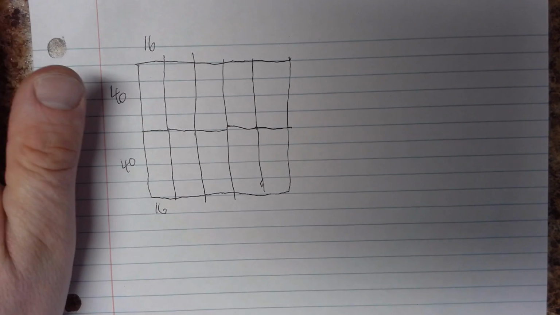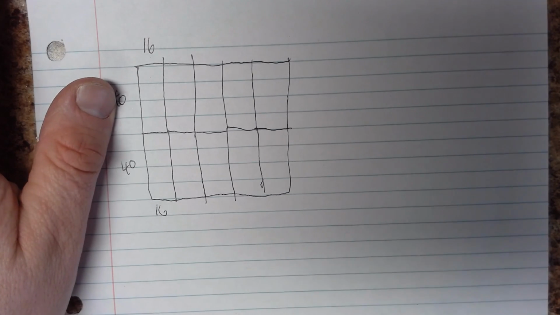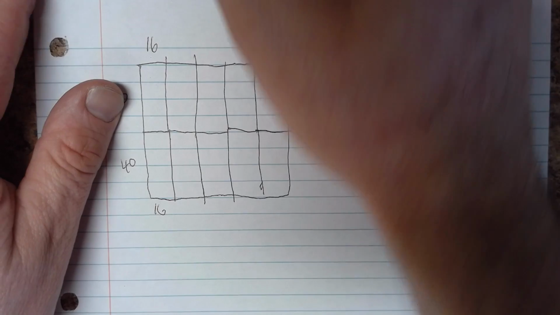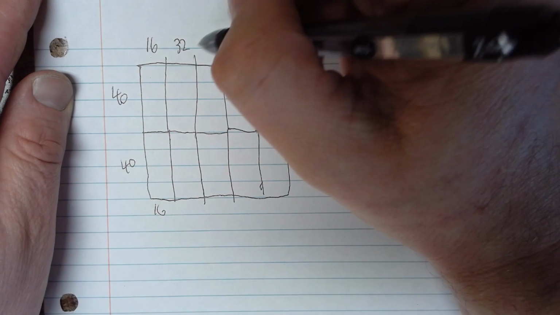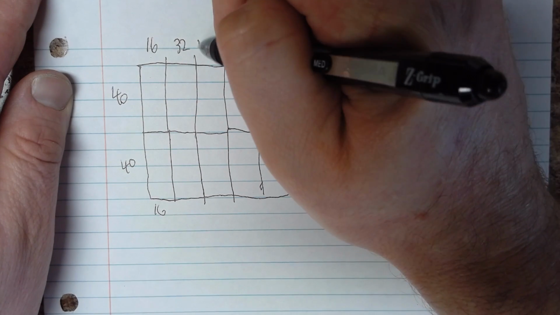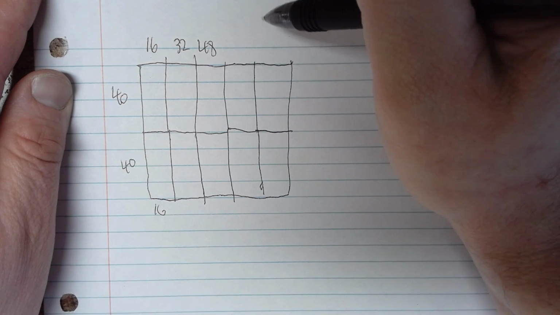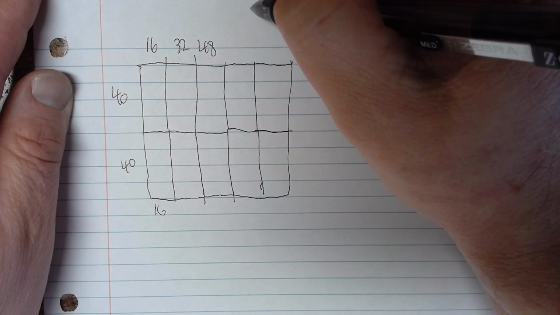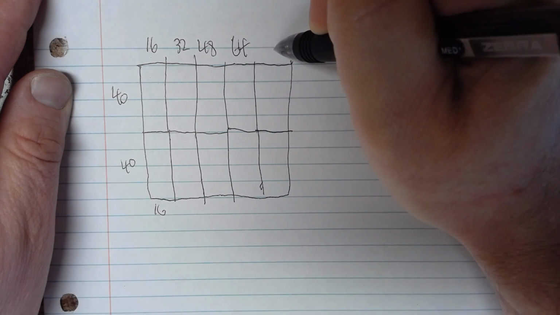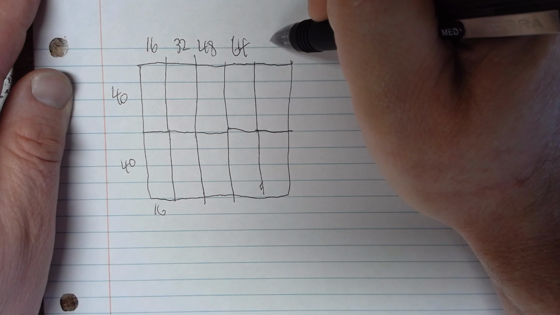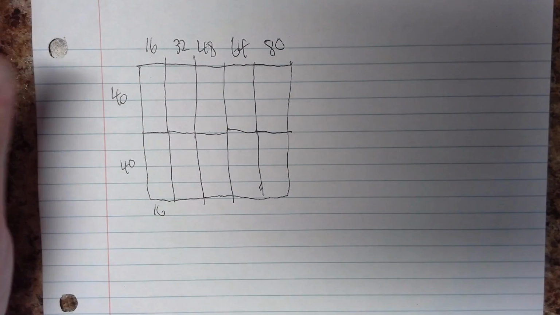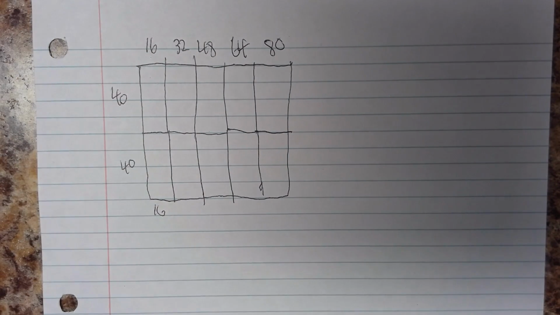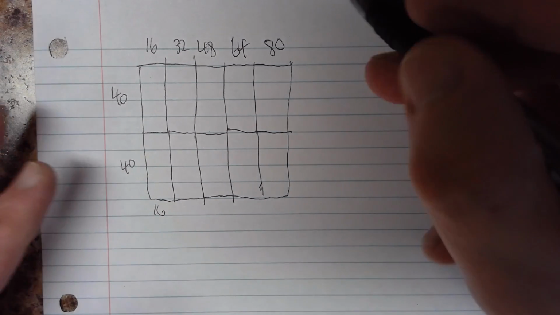So if you had this side would be 80, and then you could go 16, 32, 48, 64, 80. So the smallest square you could make with these kinds of tiles would be an 80 by 80 square.